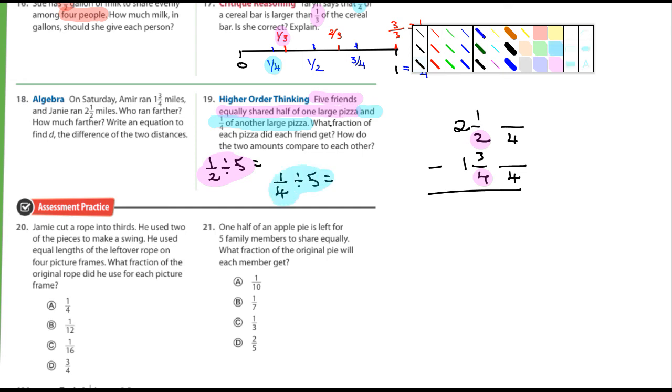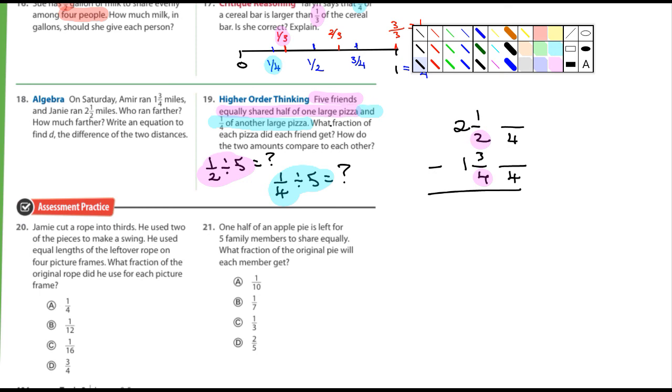That's in blue. And it says, what fraction of each pizza did each friend get? Well, you're going to have to solve these two. You have to solve that one and solve that one, and then you can answer that question. And then it says, how do the two amounts compare to each other? Well, once you have this amount here and this amount here, then you compare the two.